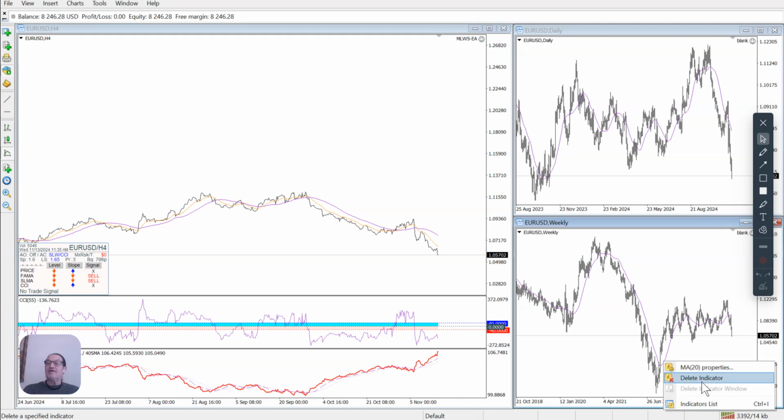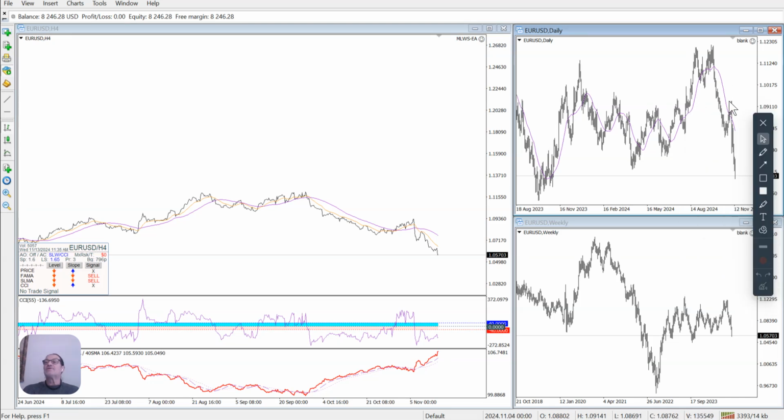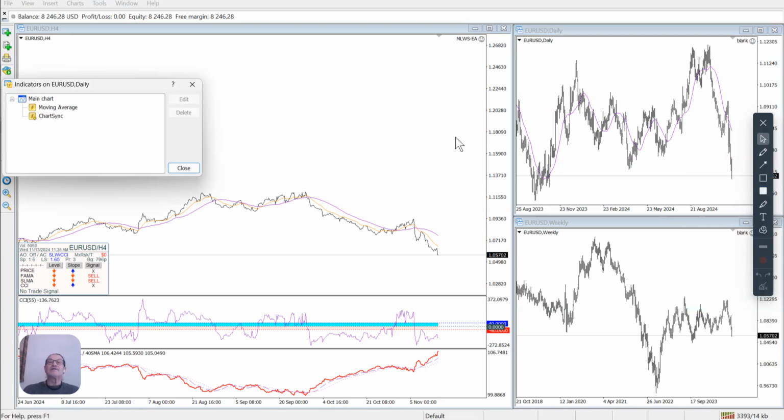I'm going to get rid of all the indicators I use on my chart, every single one, from the weekly to the daily. Where is it here? Okay, indicator list, I'll move it. Get rid of it. Get rid of it.